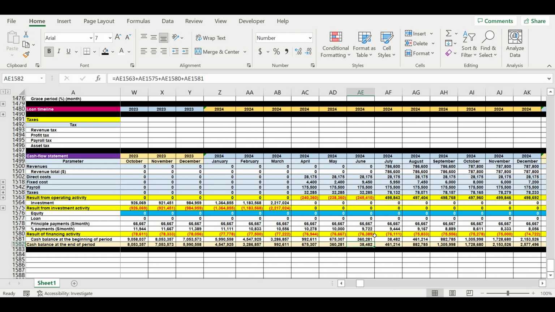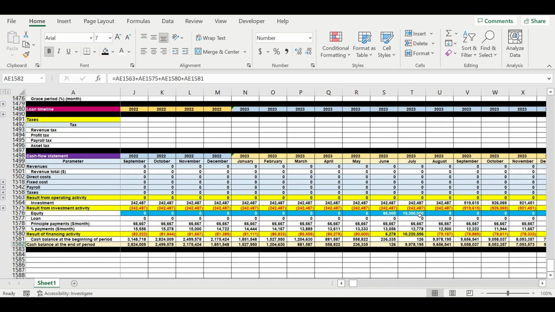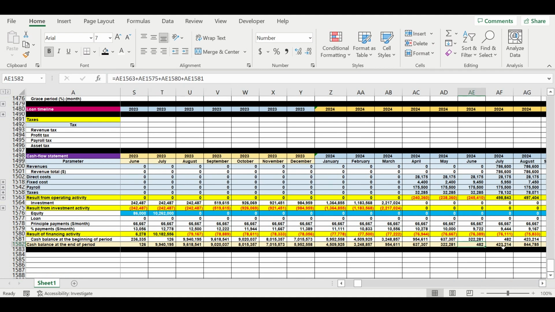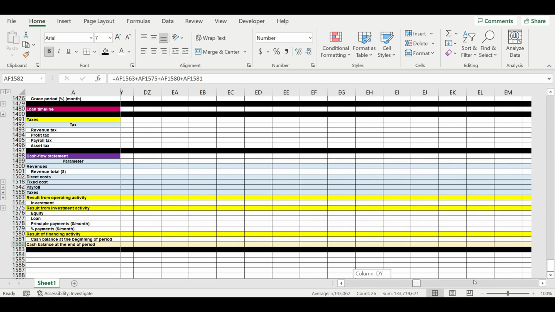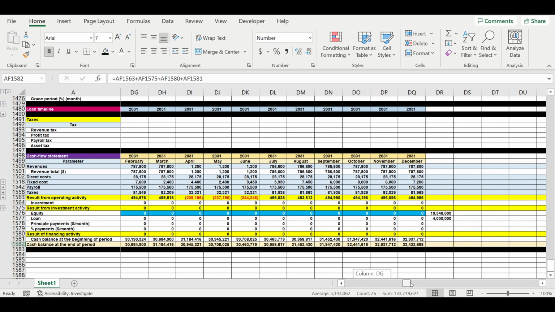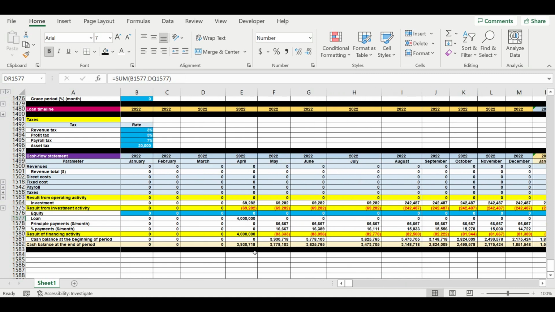Minus $38,000, maybe like this. So here it is, and then the project starts generating its own cash. Then we go to the end of our timeline, and you can see that this is the amount of equity we need, and this is the amount of loan that we took.